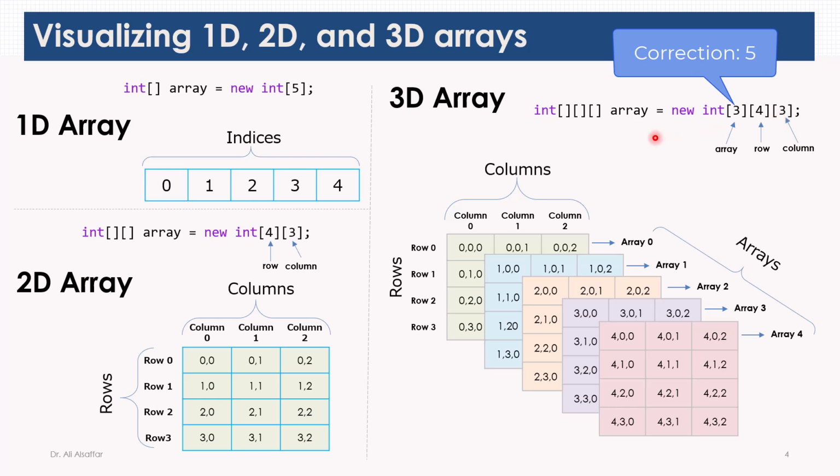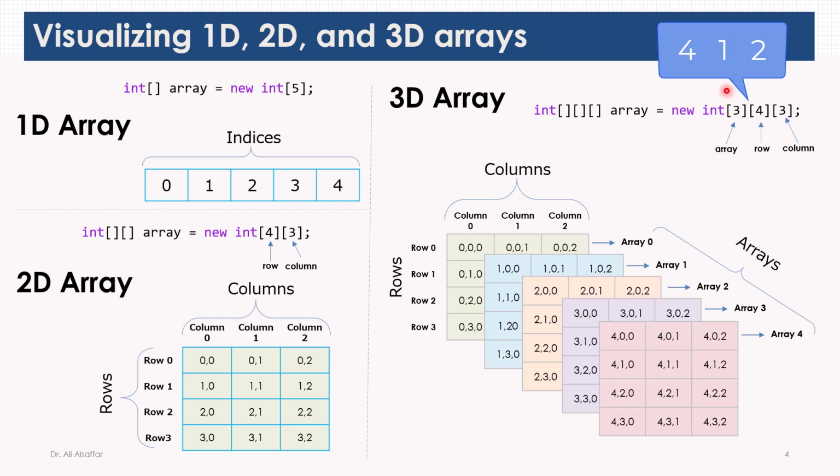So we can look at the 3-dimensional array as a collection of tables, and the first dimension specifies which table. Let's take an example. Suppose we are referencing the element in the array at index 4, 1, 2. So the first dimension is 4, the second dimension is 1, the third dimension is 2. First we locate which table.